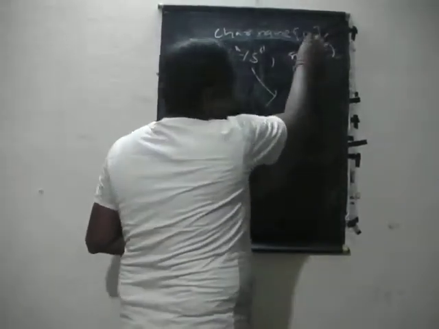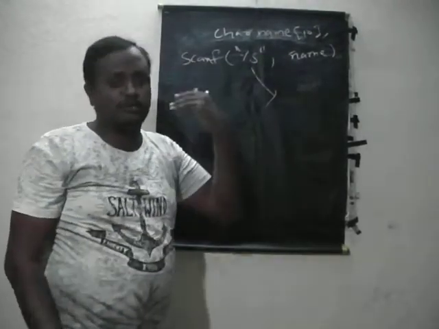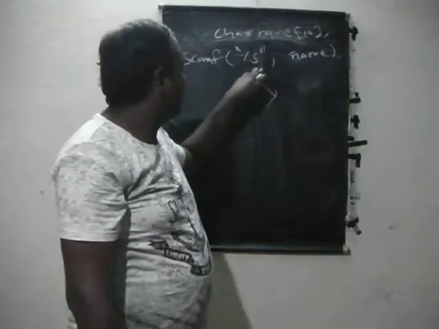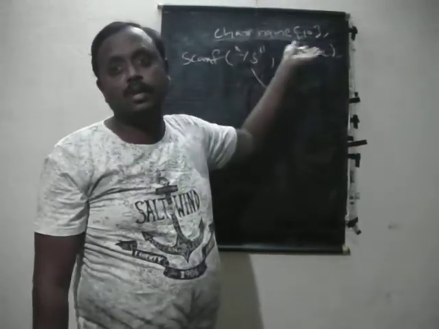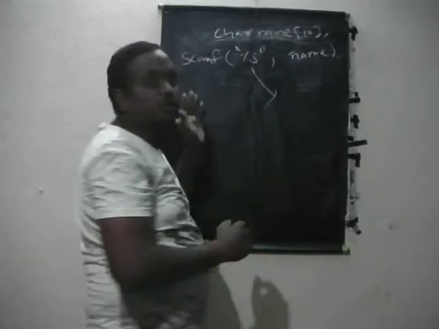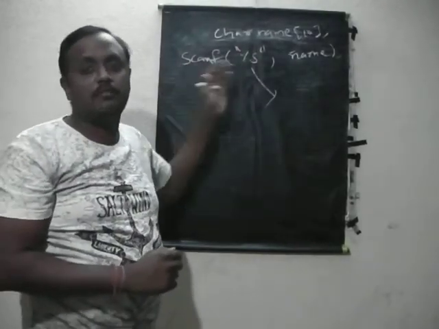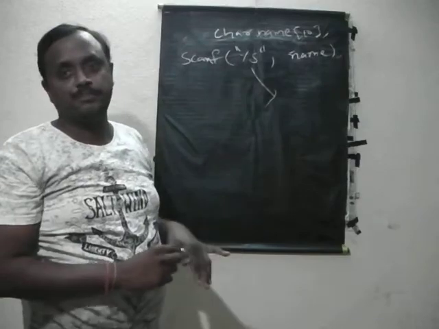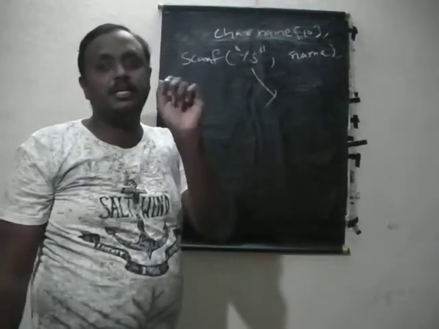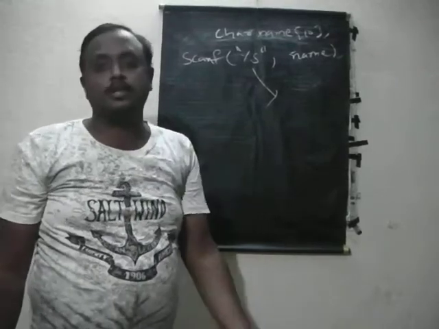You can take 15 characters, 30 characters, your own size. Whatever the size of that array, it will be taken automatically with percentage s. If you take it character-wise, you would need to write scanf percentage c 10 times, which is not correct. So percentage c is for only one character, percentage s is for a number of characters, that means a string.